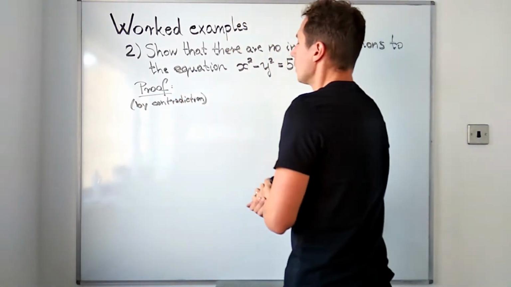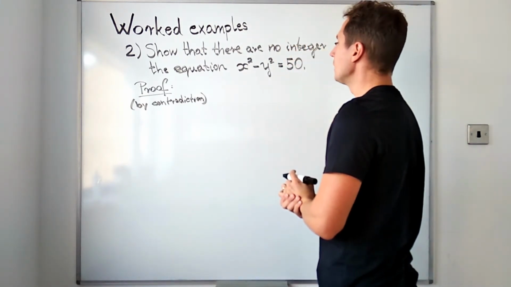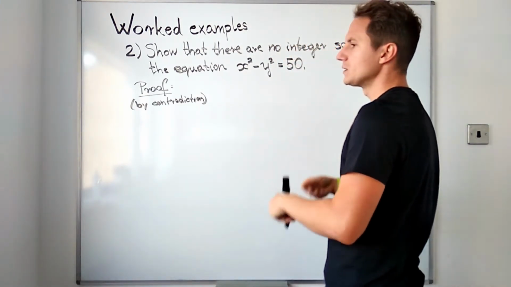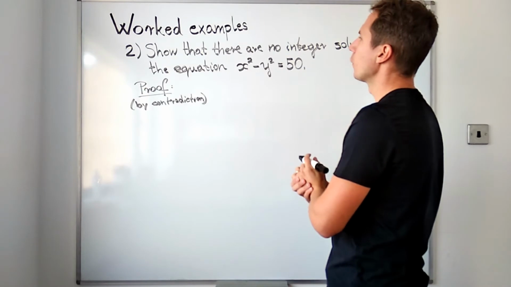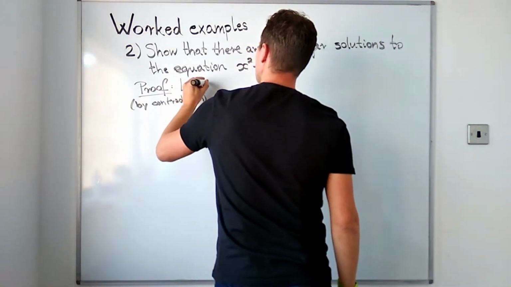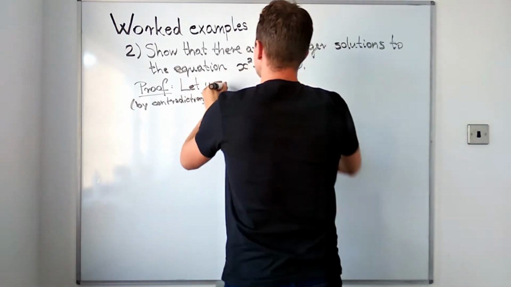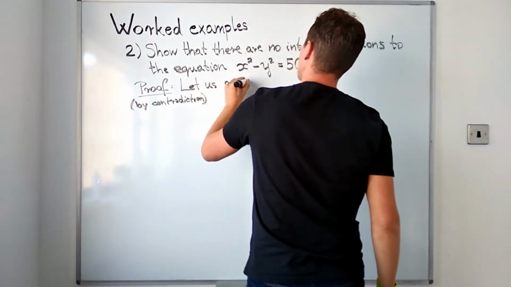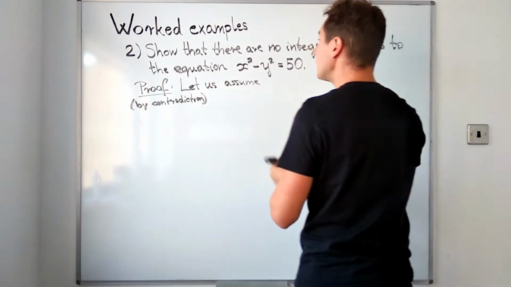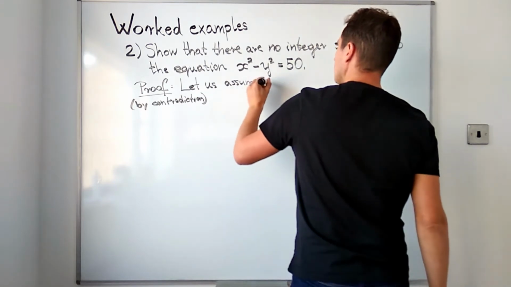So in any proof by contradiction, in any indirect proof, we'll assume the opposite of what's stated. So let us suppose that there are integer solutions to this equation.